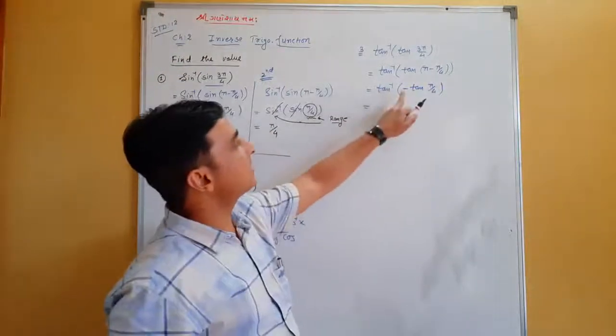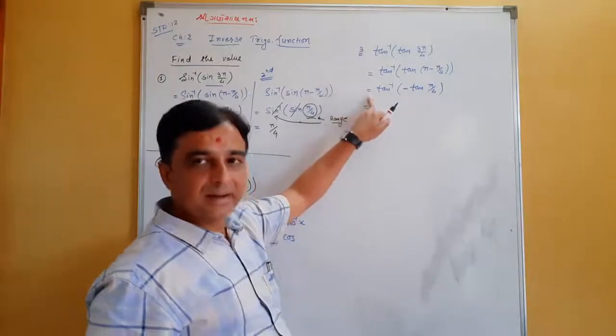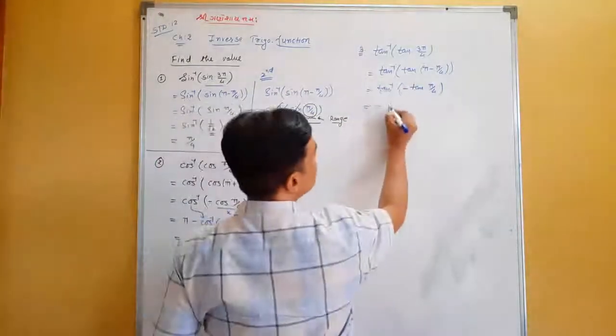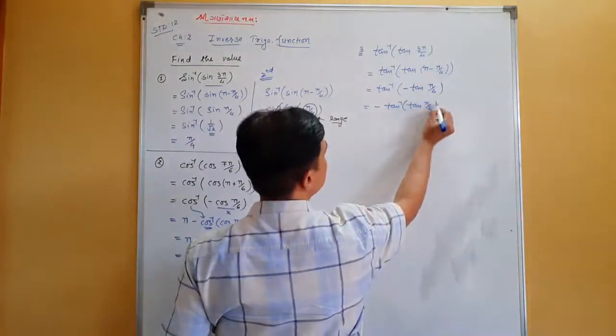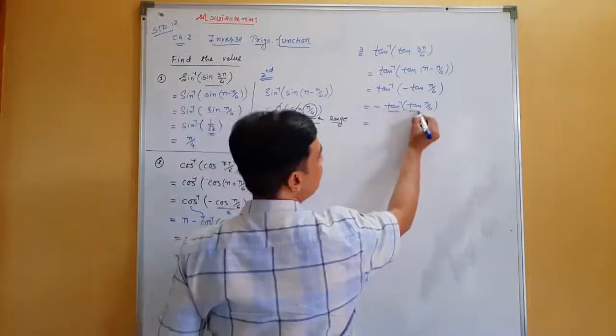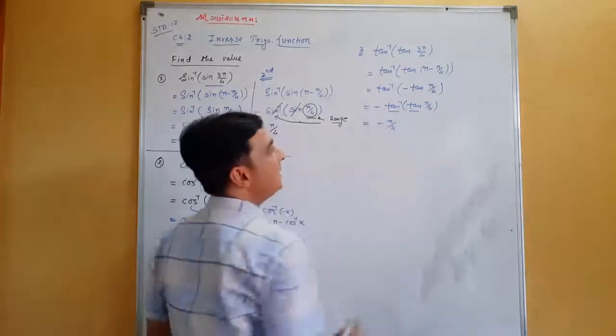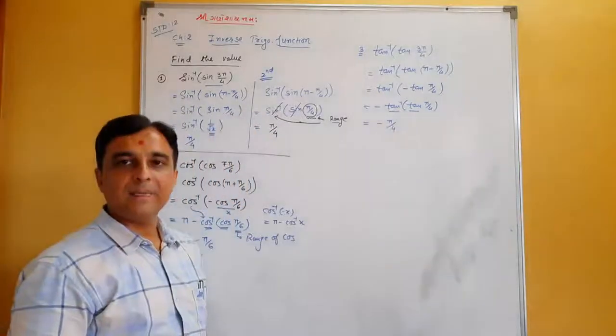For tan inverse, the negative sign can be taken out. So minus tan inverse tan pi by 4, and this tan cancel. Answer will be minus pi by 4.